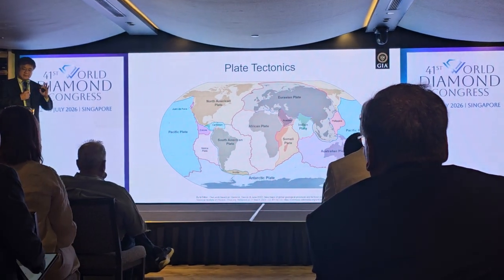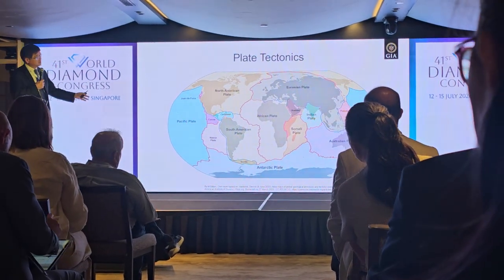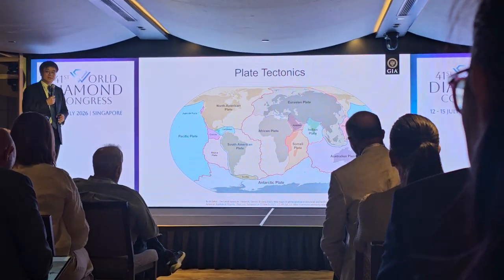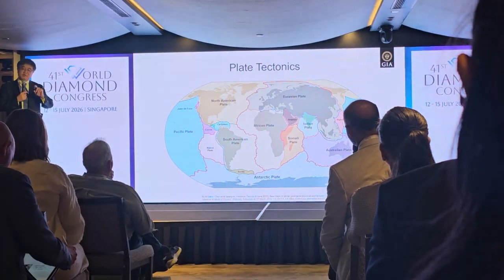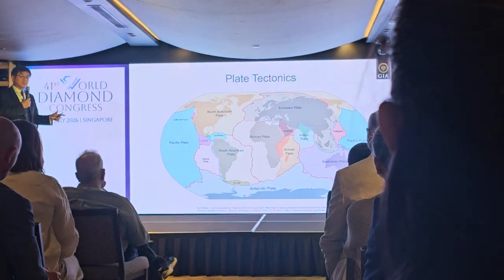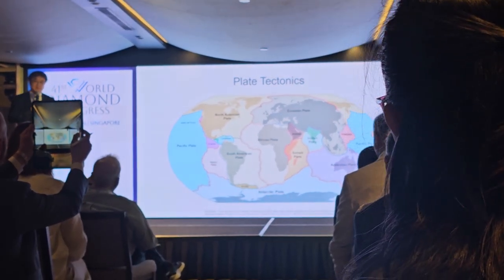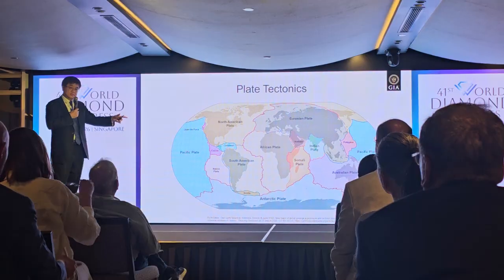One thing I want to explain a little bit is how important the study of the deep diamond is. I want to talk about the concept of plate tectonics. We know the Earth's outside is a crust, it's hard, it's about 30 kilometers thick. It is not one piece. Actually, the crust is many pieces.